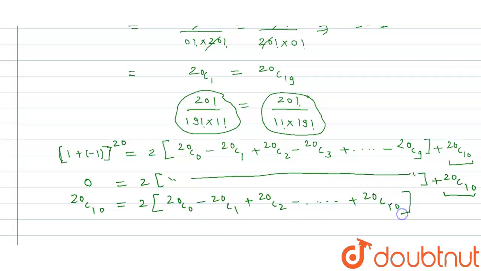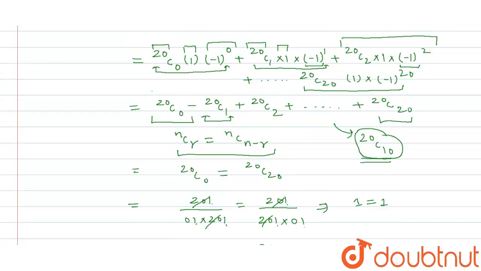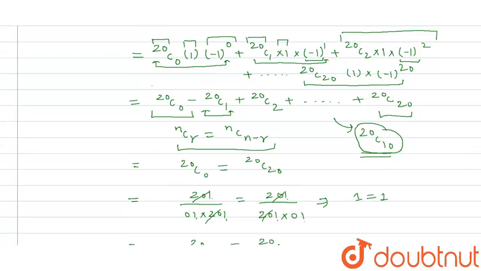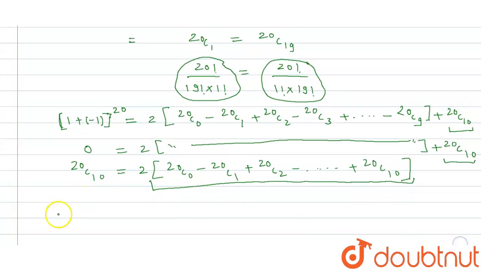Now see the question once again. I have to find the sum of 20C0 minus 20C1 plus 20C2 and up to 20C10. So my question has become simplified. Now I will simply bring this 2 to the left hand side.